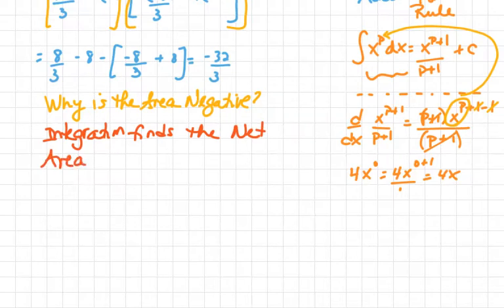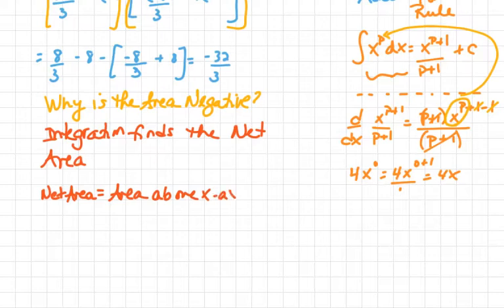So what does net area mean? Well, the net area is equal to the area above the x-axis minus the area below the x-axis. If you look at the graph, let's graph this function.